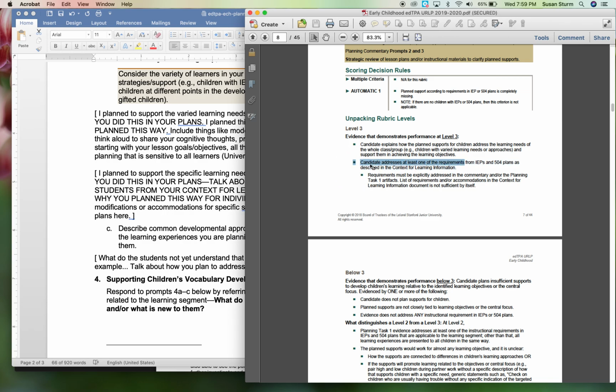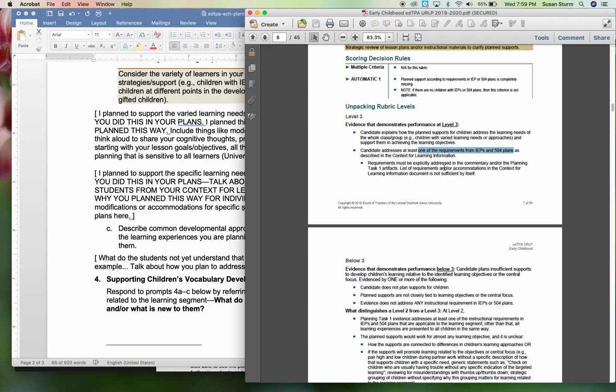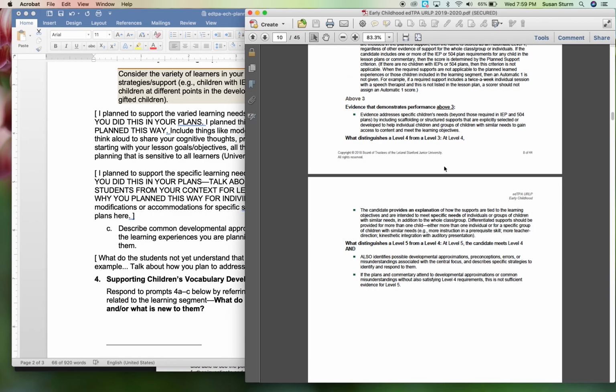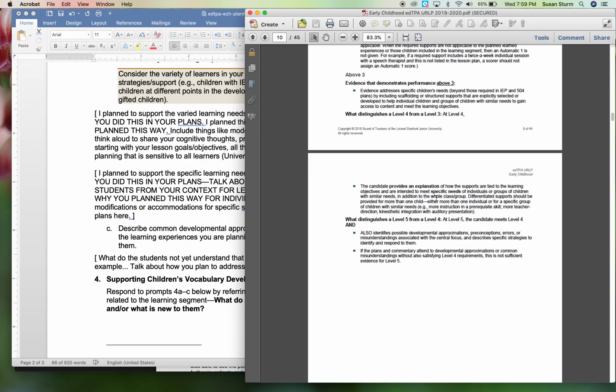So here you address the whole group and then you talk about only the things you have to from your context for learning. And here you're actually talking about supporting more than one child or individual from a specific group. You're talking about multiple kinds of groups of children who need additional supports beyond those required in an IEP or 504.